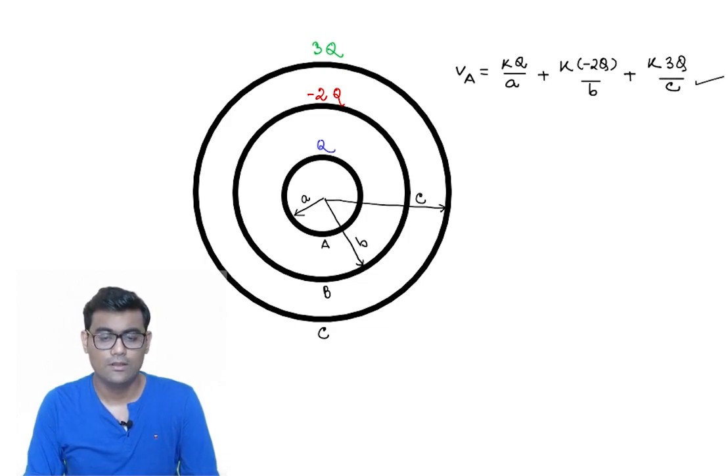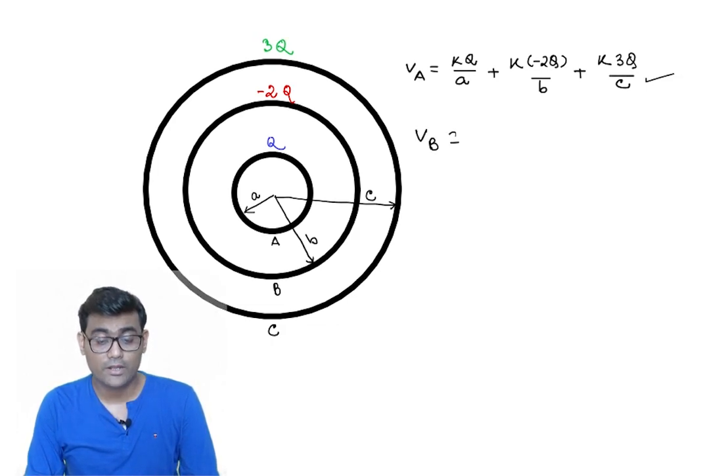So very simple. In a similar way, I can find potential of the shell B. So what is the potential at any point on the surface of the shell B? Let us first consider the blue charge. Due to this blue charge, the potential at any point externally is K Q divided by the distance between the center and that point.